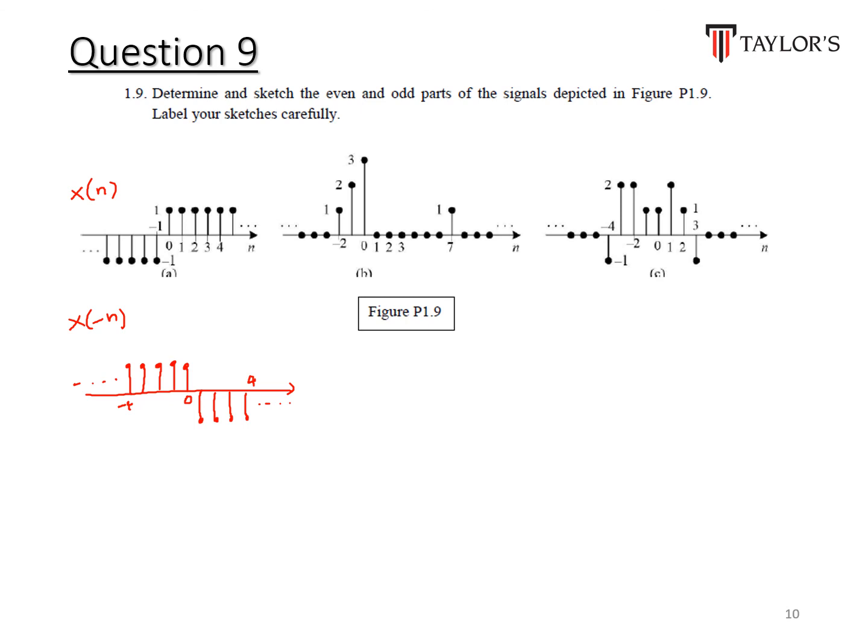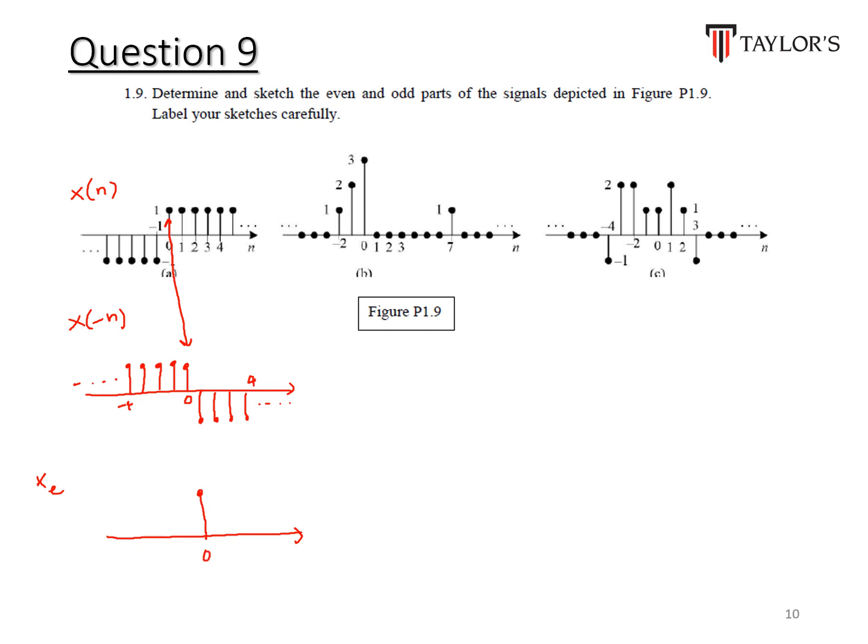Alright, now we want to find out the even signal. Again, the even signal is given by x[n] plus x[-n] divided by 2. So when you add them together, you notice that in discrete signals, you can add point to point. Meaning this point will be added to this point, and then you find out the final answer here.